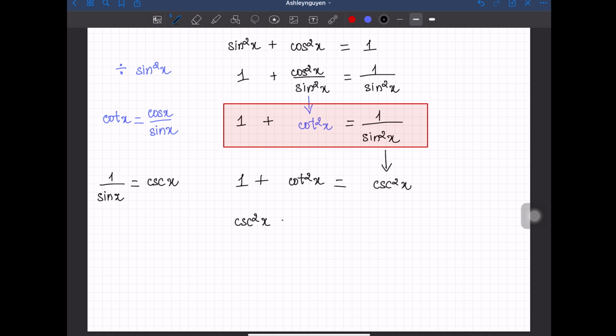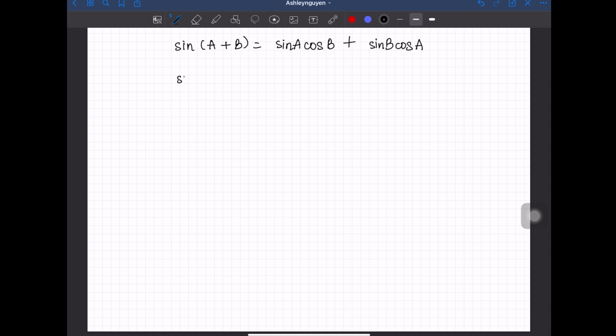And two more left. We do know that the formula of sine a plus b would equal sine a cosine b plus sine b cosine a. What happens if I have sine 2x? Sine 2x would equal sine x plus x.